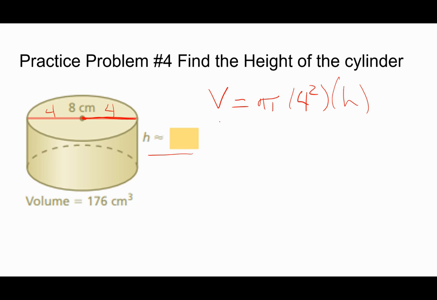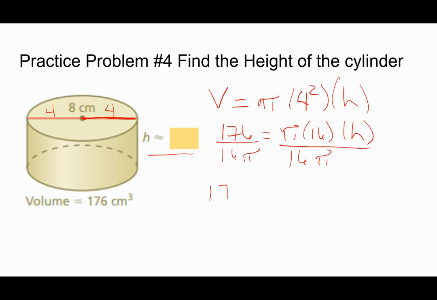So the volume, 176, equals pi times 16 times our variable, the height. I'm going to divide both sides by 16 pi.